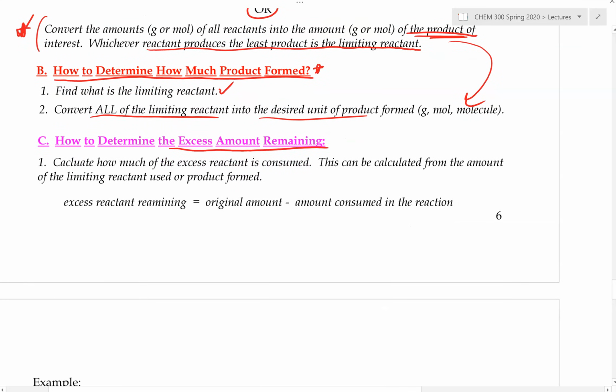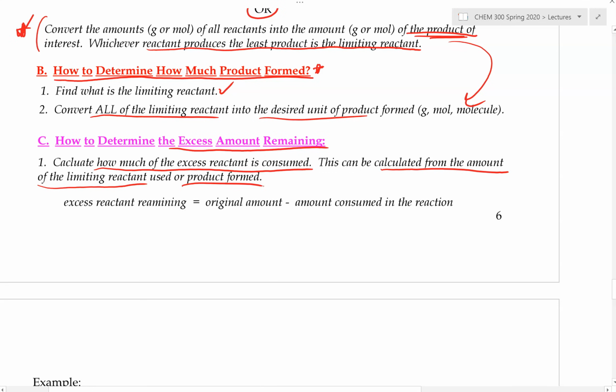And here is basically the logic to solve this kind of problem. First, calculate how much of the excess reactant is consumed. We are given an amount of this excess reactant, and we want to ask ourselves how much of it would be consumed. How much can be consumed can be calculated from the amount of the limiting reactant being used, or the product that you form.